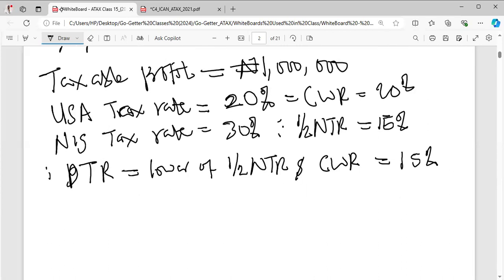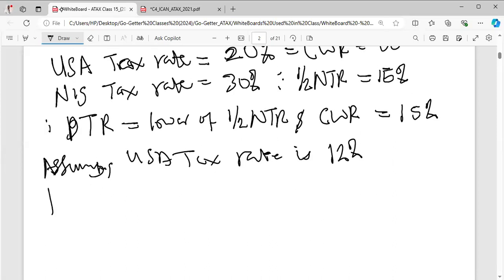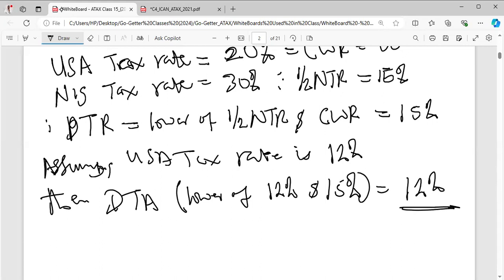So assuming USA tax rate is 12%, then DTR will be the lower of 12% and 15%, which is 12%. So always choose the lower.